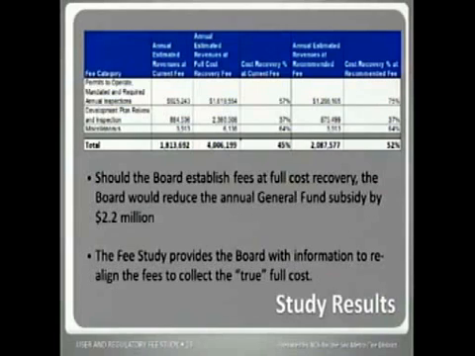Okay? So if the board tonight was to adopt all the fees in the study at 100% cost recovery, we would be reducing the subsidy for those services by about 2.2 million, which is a significant number. And all this study does is provide you with the information to realign these fees at full cost recovery or something less.